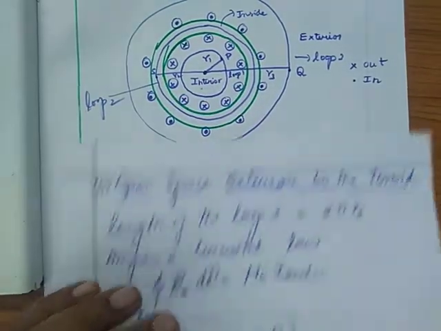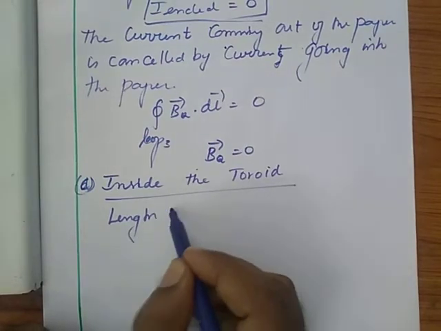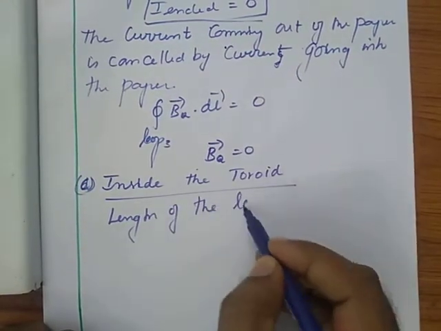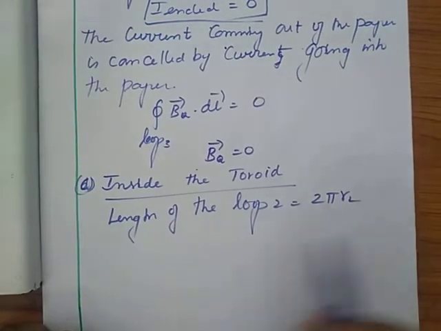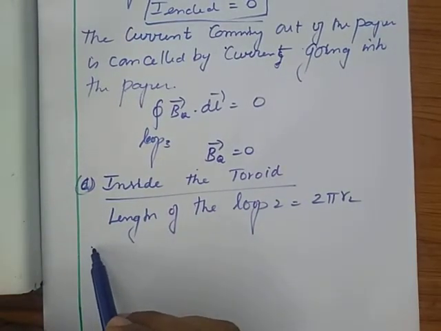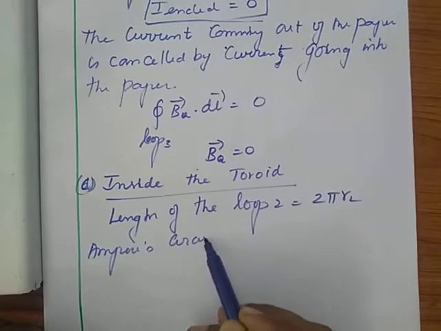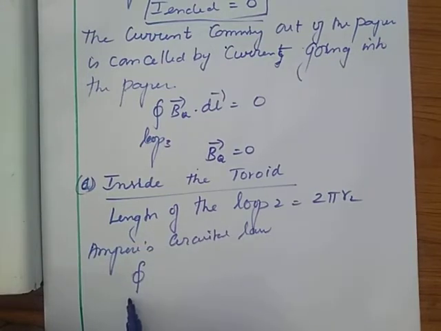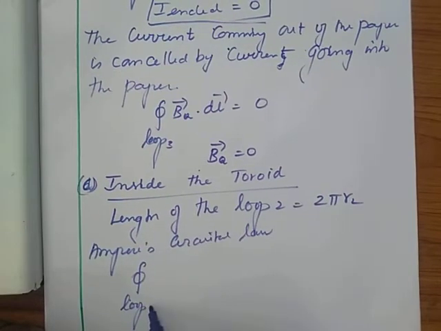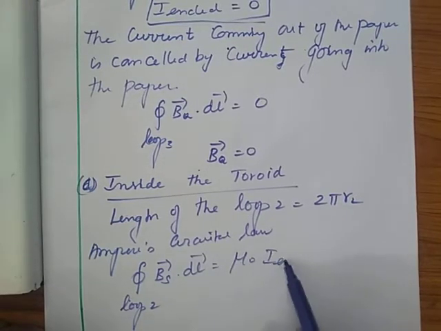Then the length of loop 2 is 2 pi R2. Here we will apply Ampere's circuital law, that is the closed integral of loop 2, Bs vector dot dl vector, is equal to mu naught I enclosed.